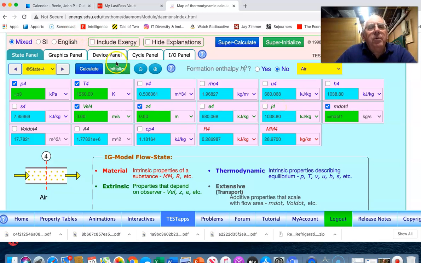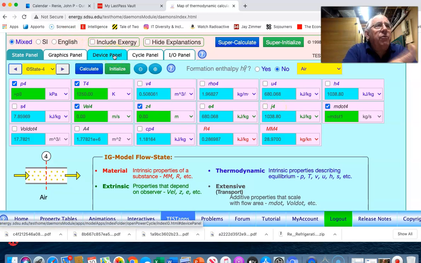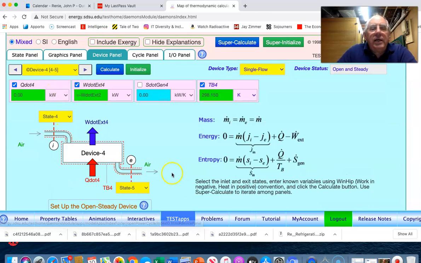But it's probably easier to put it in through the device panel, because indeed we recognize that the device panel is calculating for that particular device. The device panel is just calculating the m dot J difference, and so we could actually put J5 in as a function of J4, knowing that it rises by a certain amount.